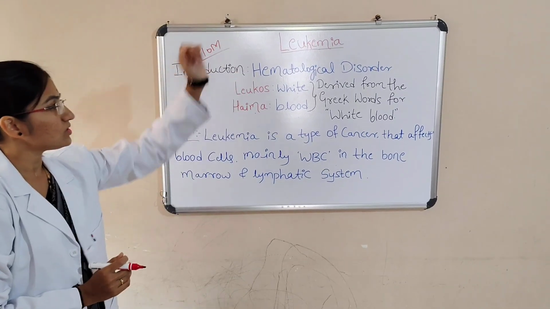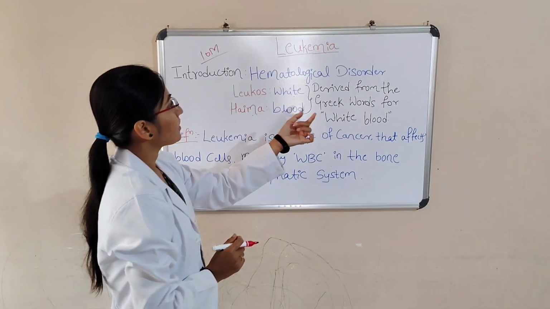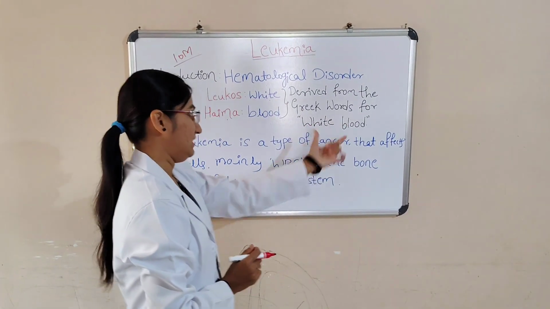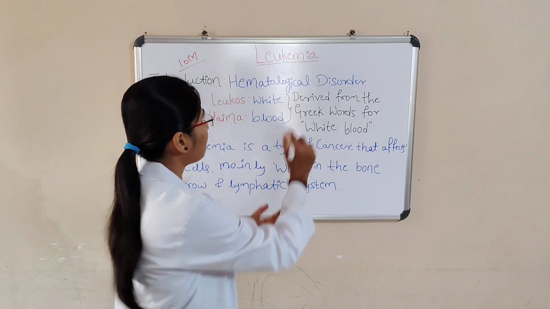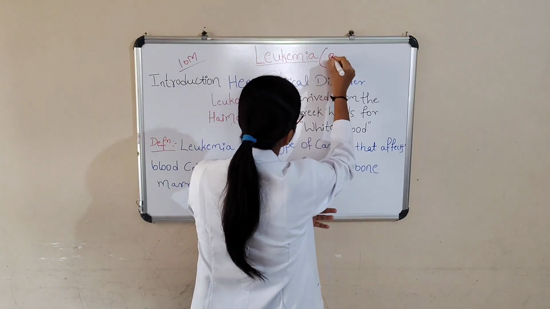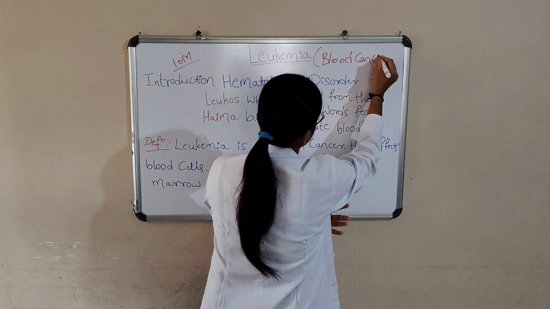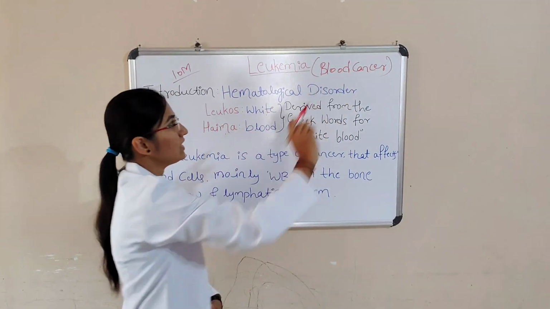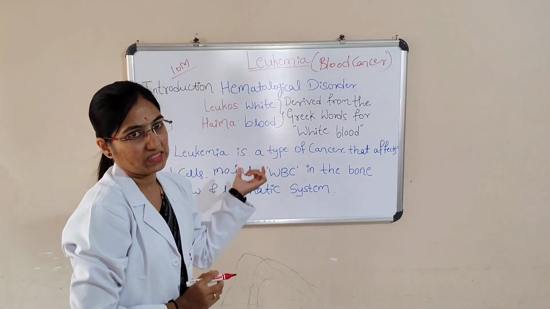Leukos is also known as leukocytes, the Greek words for white blood. Leukemia is also known as blood cancer. Leukemia is a blood cancer that develops from the bone marrow and lymphatic system.